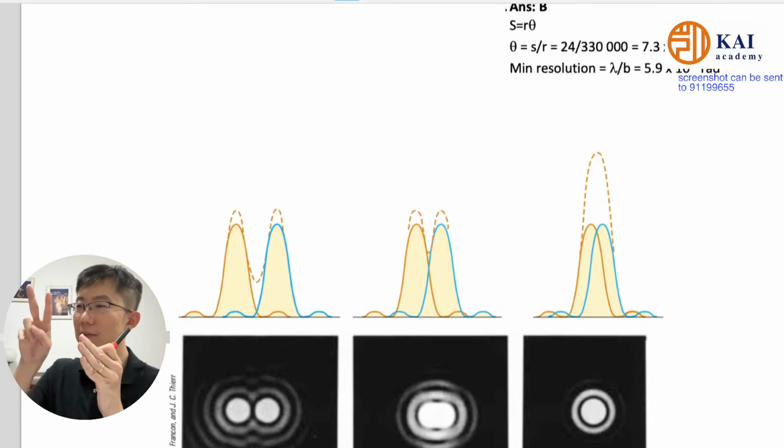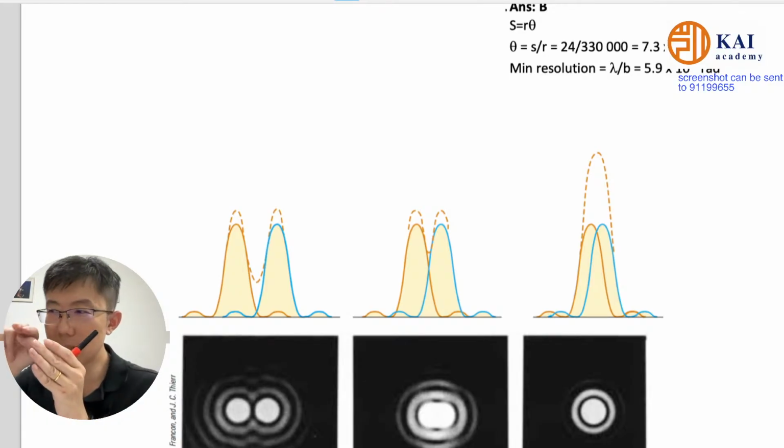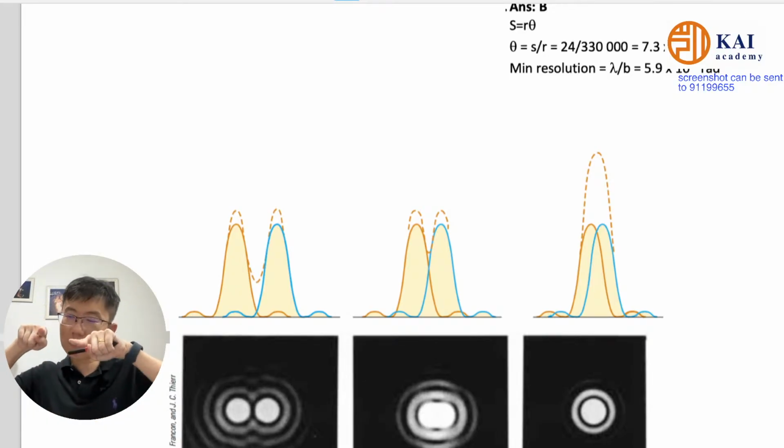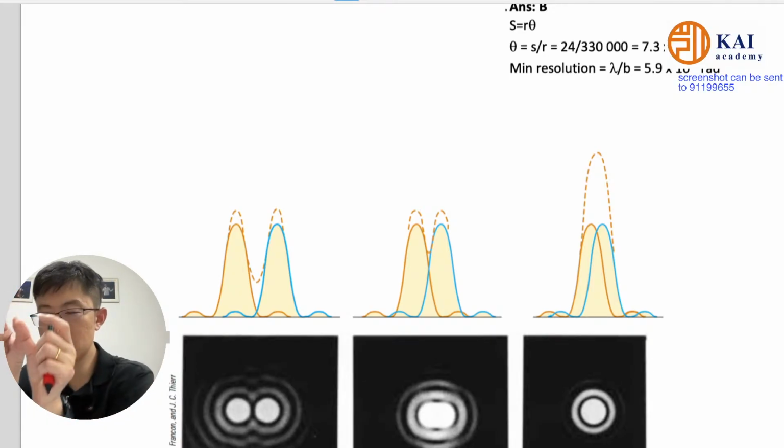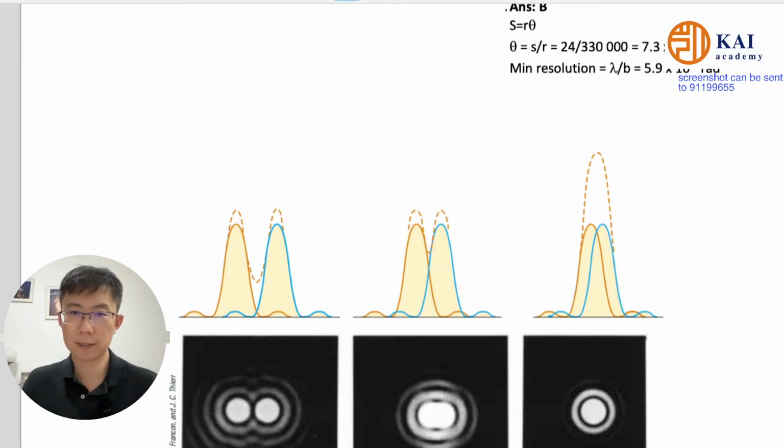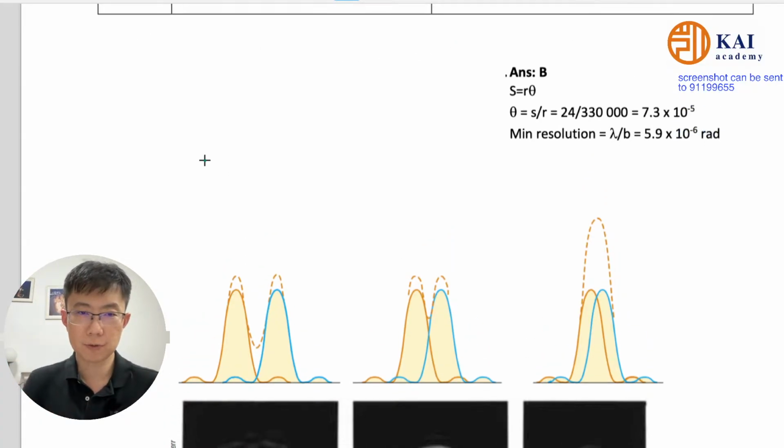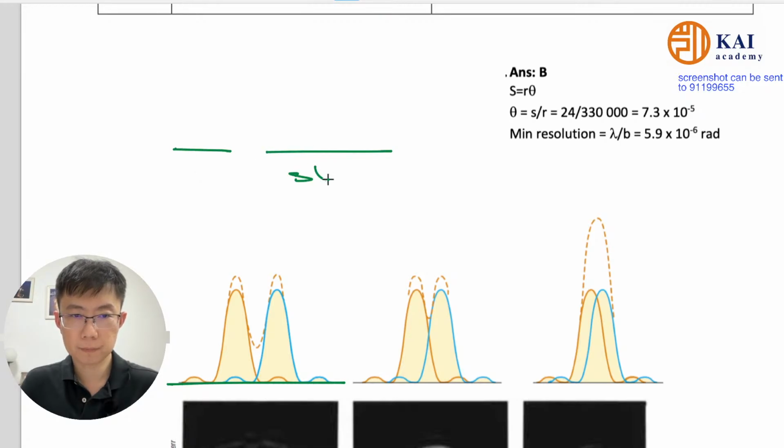Imagine now you have 2 lights passing through a slit. Those 2 lights will each produce their single slit diffraction effect. So let me try and draw that out. Say this is the screen. You have got a slit, and then you have got now 2 light sources.